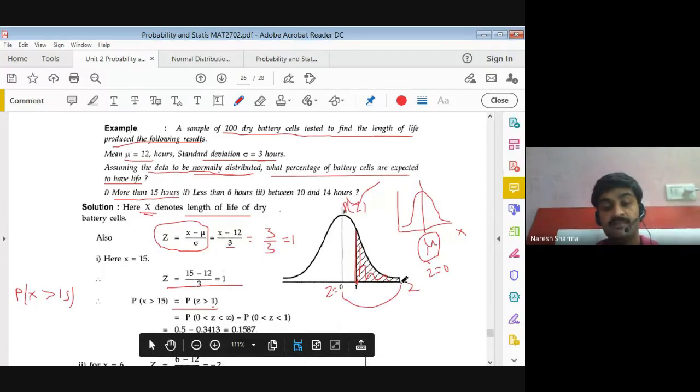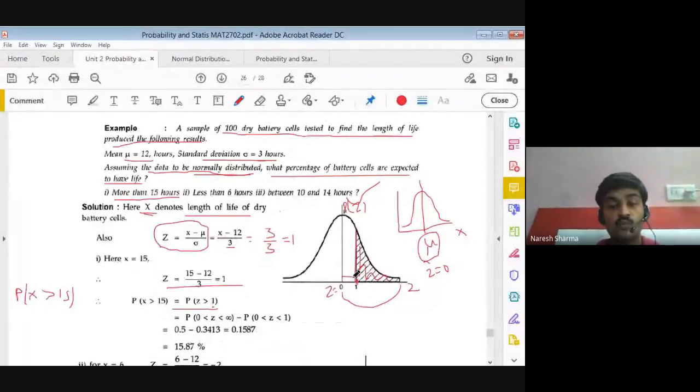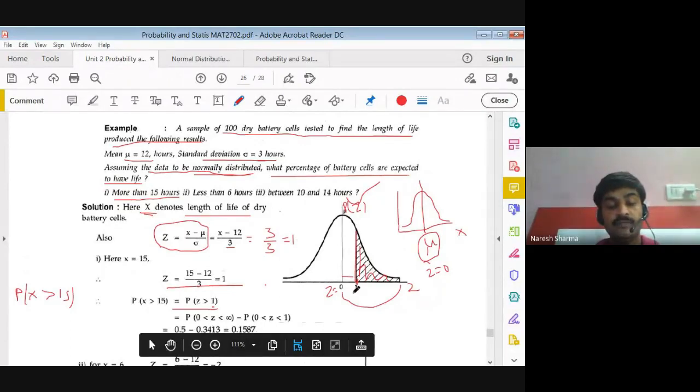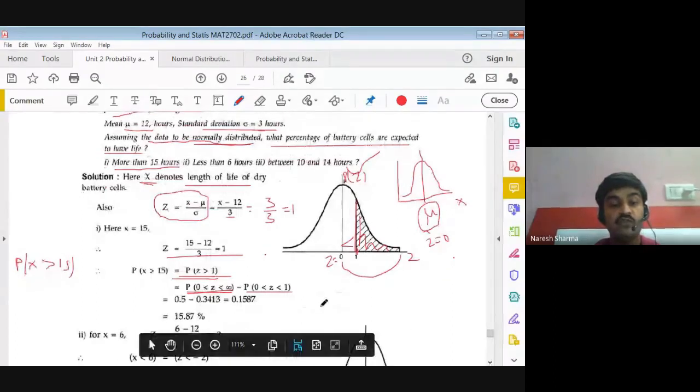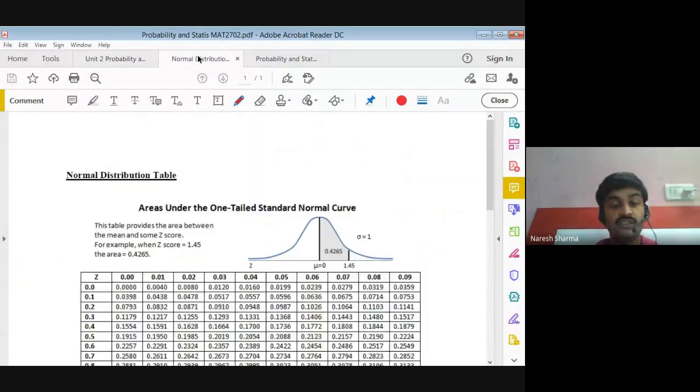So we take 0 to infinity and subtract the range from 0 to 1, which gives the probability from 1 to infinity. So the probability of z greater than 1 is the probability from 0 to infinity minus the range from 0 to 1. The standard value is 0.5 for 0 to infinity, and for 0 to 1 you can see the normal distribution table.